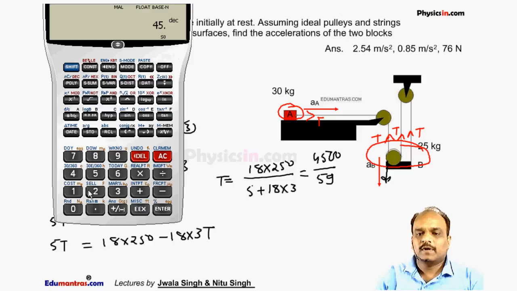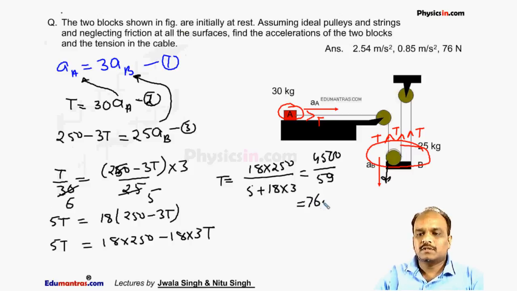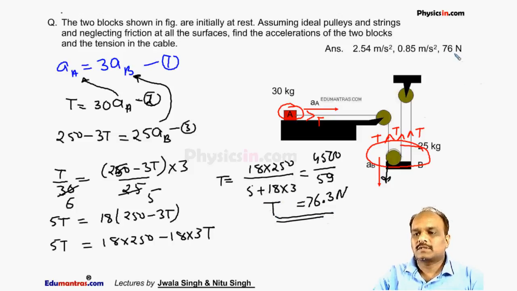So 4500 divided by 59 is equal to 76.3 Newton. This is the tension in the string. This is the first part of our answer. It is approximately 76 Newton.